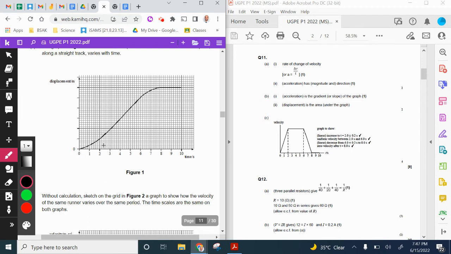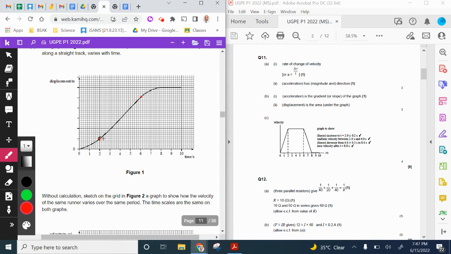So what we can see is from roughly around about 2 seconds to around about 6 seconds, roughly speaking, we have got almost a straight line.